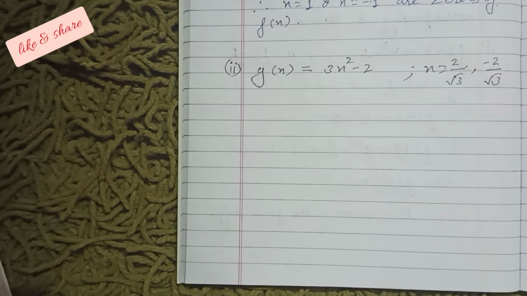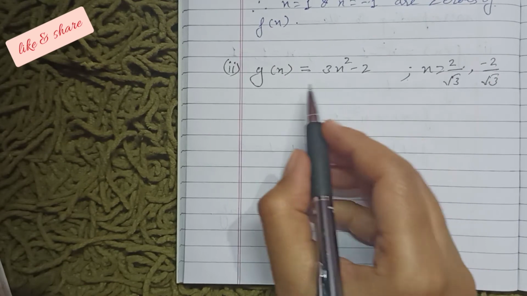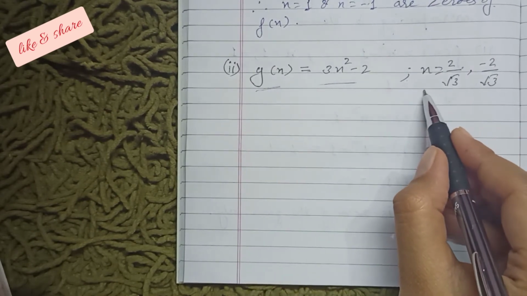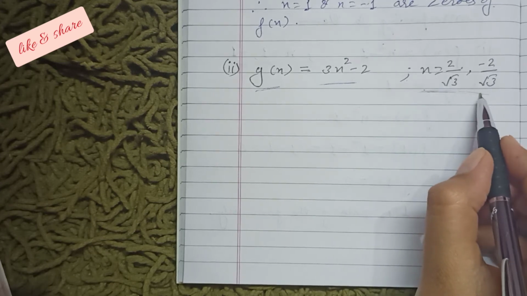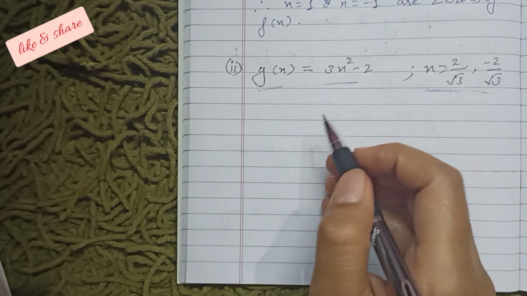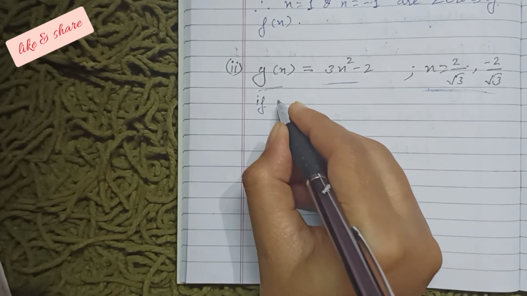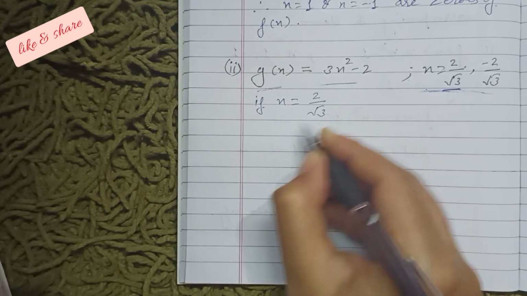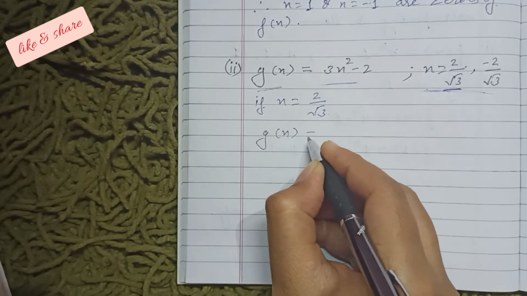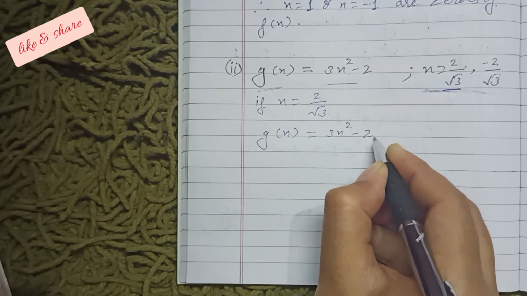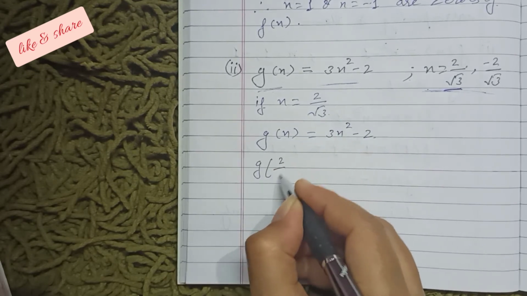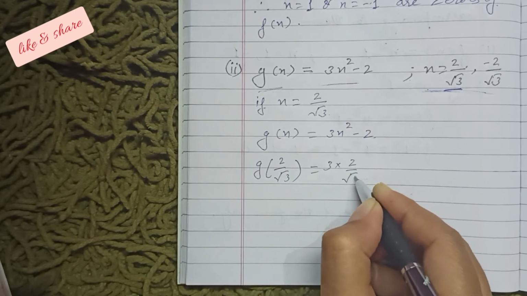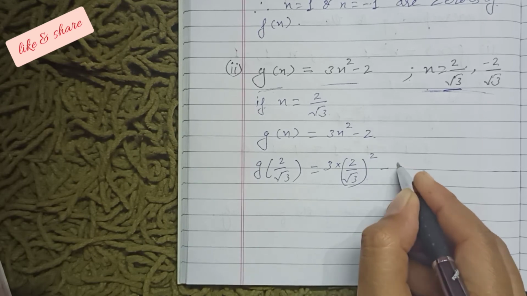Now next one. Here also the same question: g of x is a given polynomial and we have to identify whether these given values are zeros of the polynomial or not. So first we will put x is equal to 2 by root 3. g of x is given as 3x square minus 2. Put 2 by root 3: 3 into 2 by root 3 whole square minus 2.